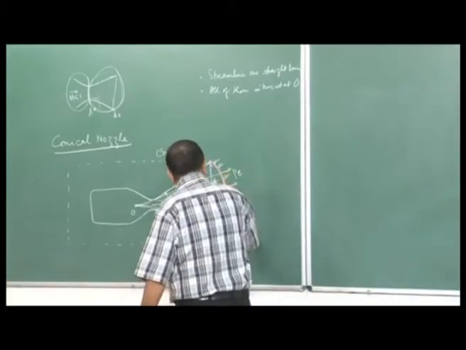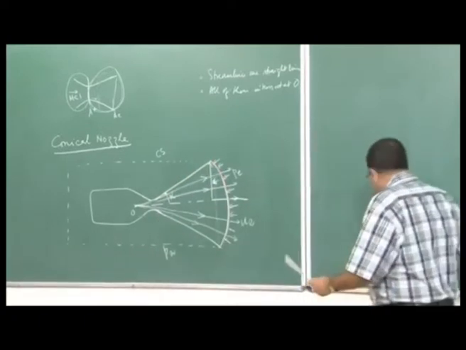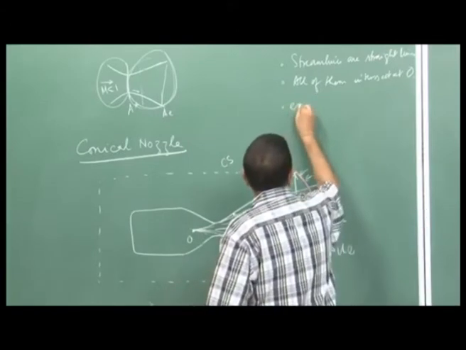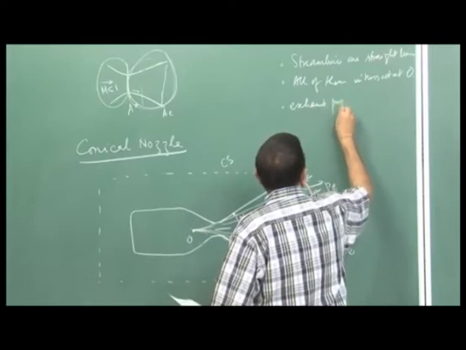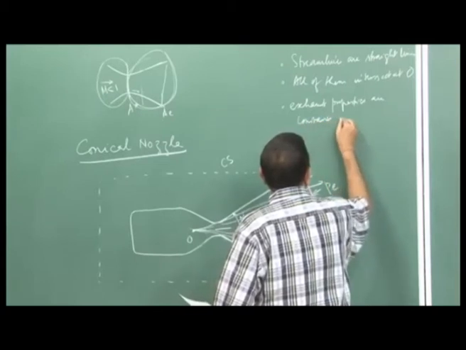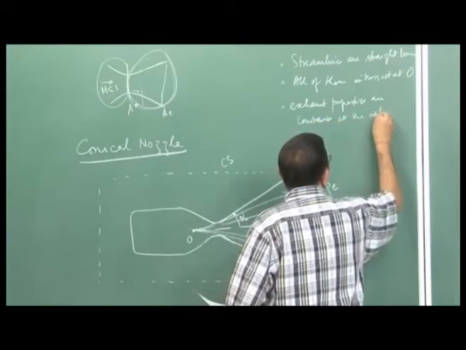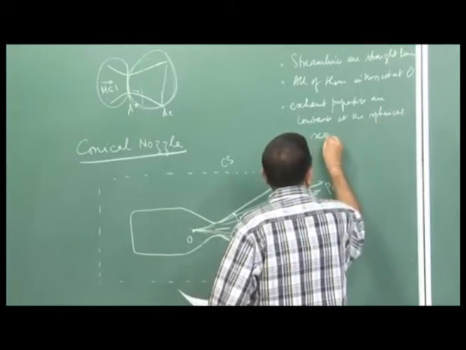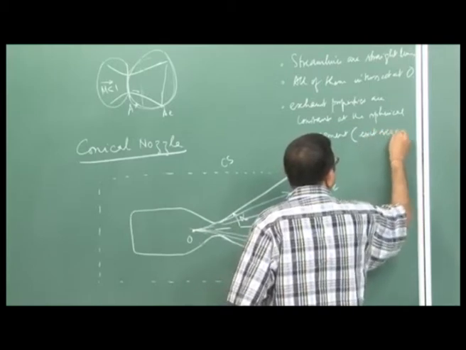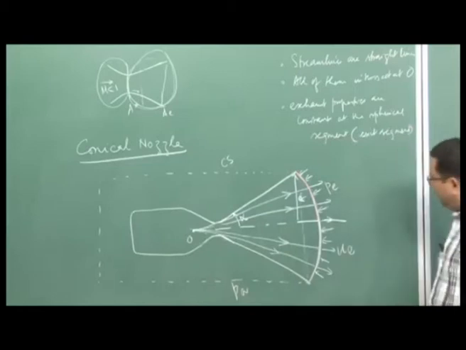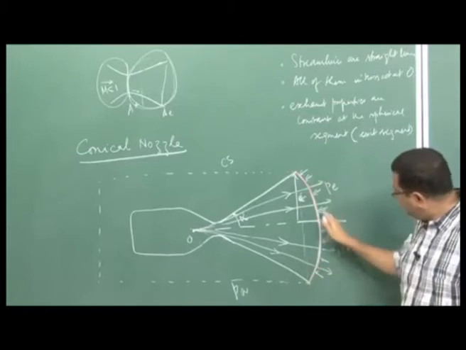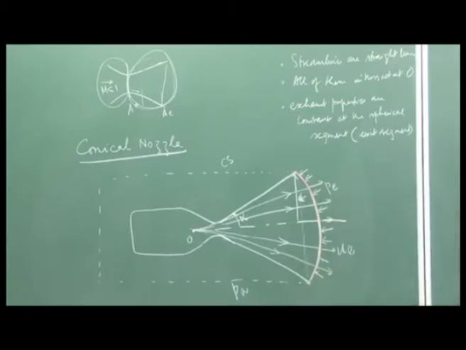We assume that the exhaust properties are constant at the spherical segment, which is the exit segment. So, what are our exit properties? The exit velocity and pressure. All along this exit segment, these properties are constant.